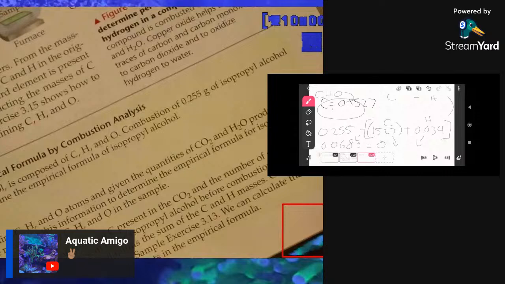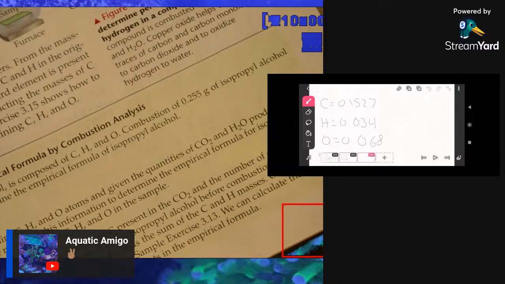Hold on, guys. Just give me a quick sec so I can write this down. H is equal to 0.034. And then oxygen is equal to 0.068. Okay, perfect. There you go.